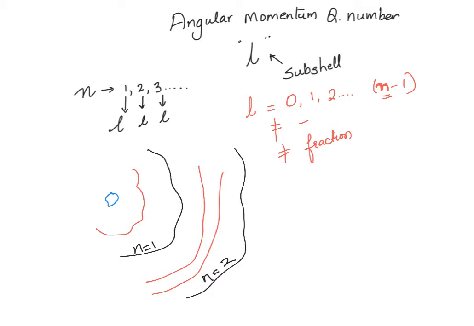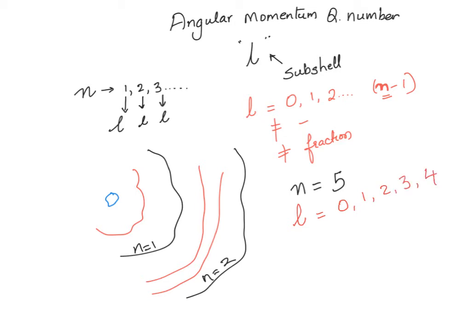So let's say we're talking about n is equal to 5, for example, fifth main shell. So this fifth main shell will have some subshells. What are those subshells? 0, 1, 2, 3, 4.